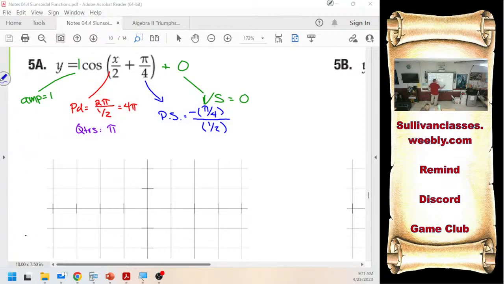So simplify that and get negative pi over 2. All right, phase shift in the middle. Use your quarter marks to do the rest. Go. Phase shift in the middle. Quarter marks to label your axis.